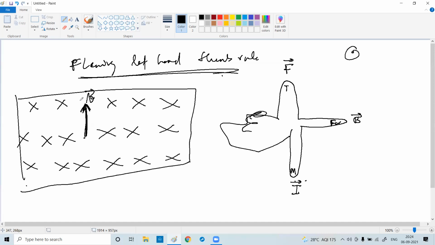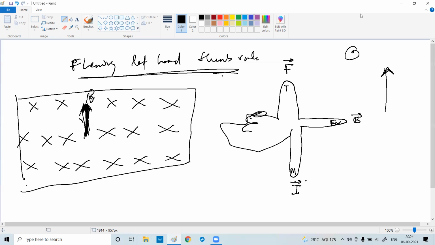How will the velocity be? That means there will be deflection of that velocity. The arrow is the current. Yes, this is the current. We are talking about the positive ions.